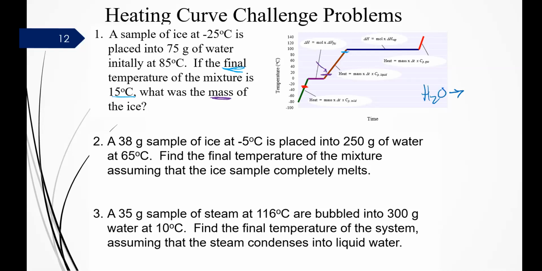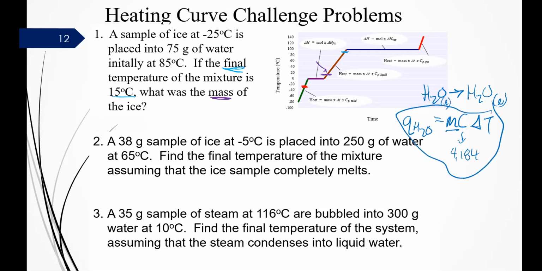It starts off as water and it's going to end as water. And so we can find that entire change of the water using the equation mc delta T. We know m, we know c, and we're going to be able to find the delta T because we have the initial and the final. So from our water side, it's pretty straightforward.